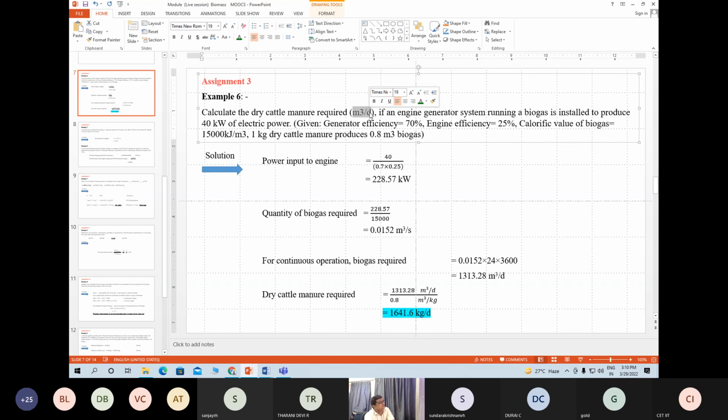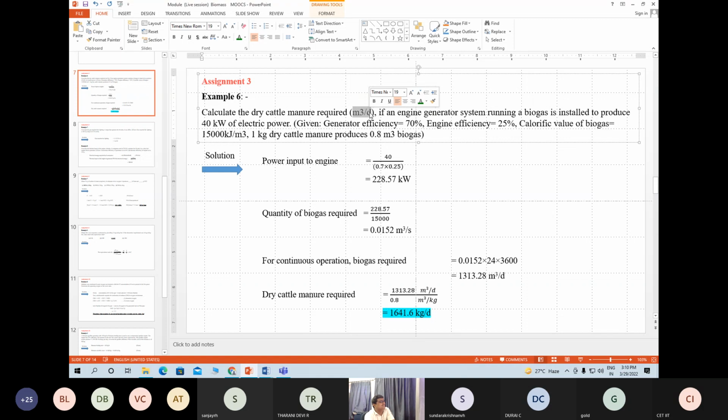But yes, this should be kilogram per day. This is a typo. I hope you must have solved this in a specific way, but just to clarify this example, I have mentioned the calculation steps of how we can calculate this value.